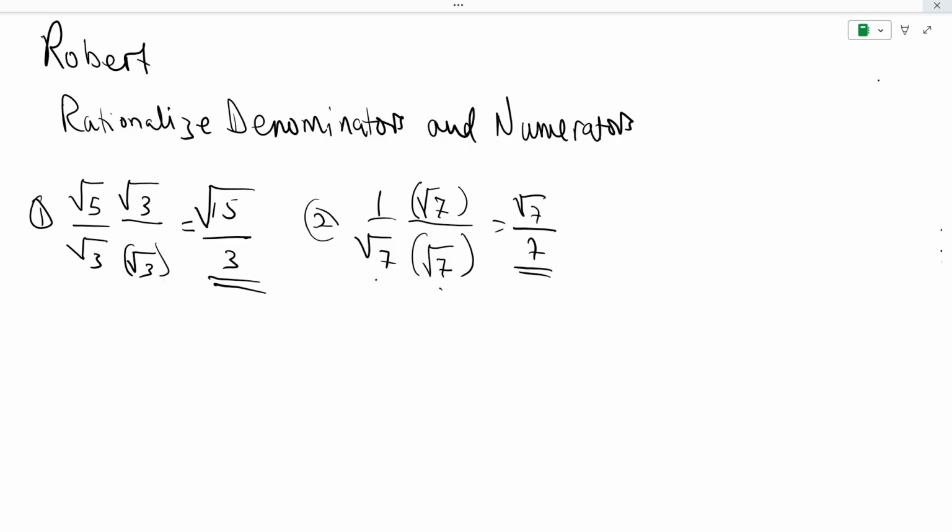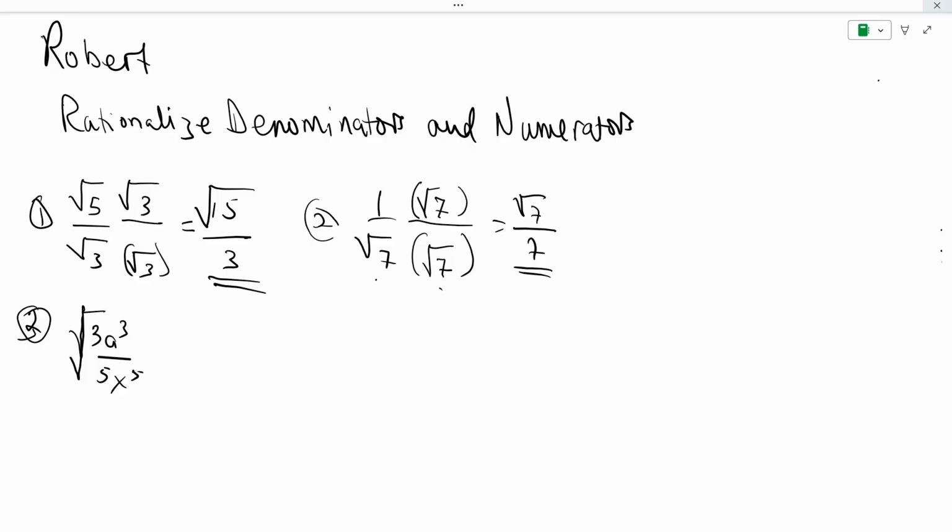Okay, now let's try a much more complex expression, number 3. Let's suppose we had root 3a cubed, divided by root 5x to the power 5, and we are asked to rationalize the denominator.